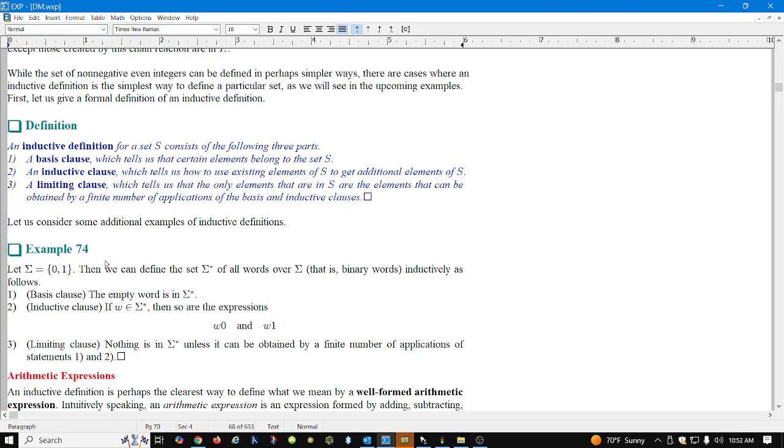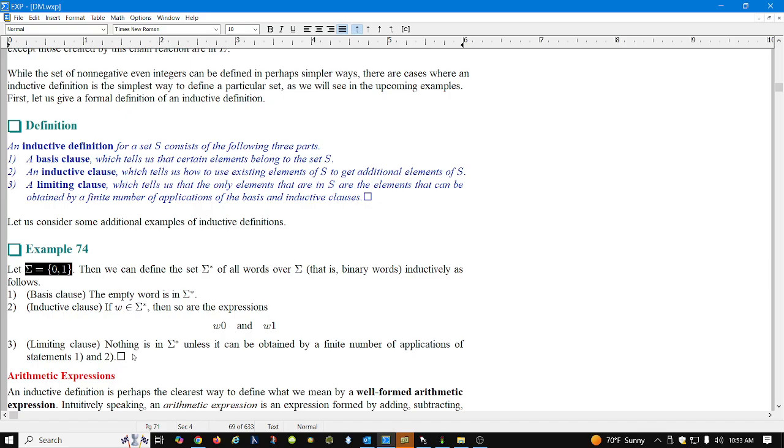Here's another simple example. We can define the set of binary words also using an inductive definition. So here's our alphabet, the binary alphabet. The basis clause says that the empty word is a binary word.